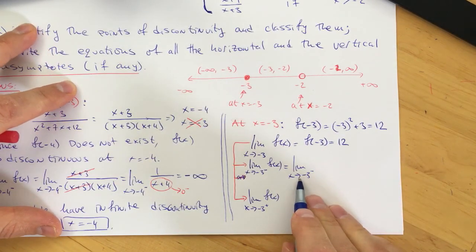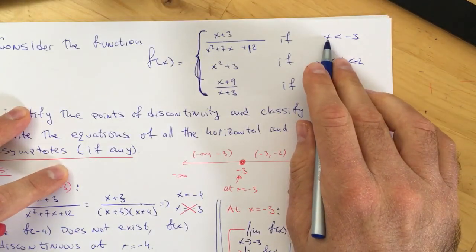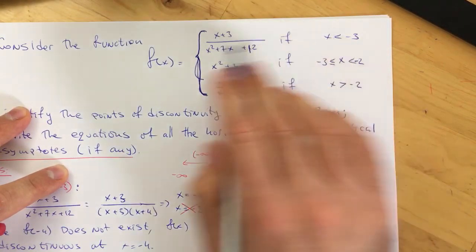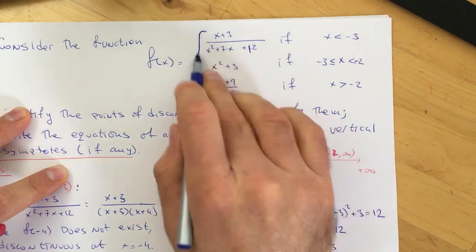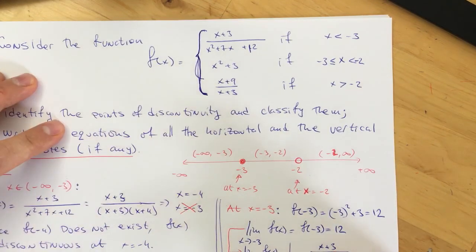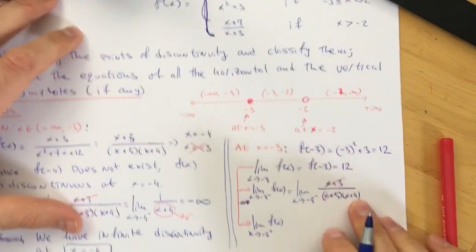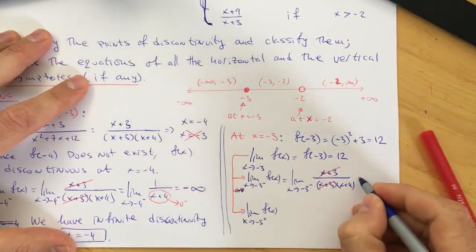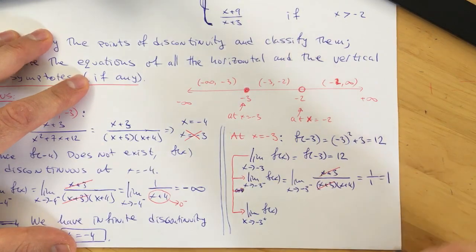When I'm approaching negative 3 from the left, okay, that means that the values are less than negative 3, so f of x takes on this definition. So that's x plus 3 over, I've already factored this denominator, x plus 3 times x plus 4. You cancel these two values, use direct substitution, and you get 1 over 1, which is equal to 1.